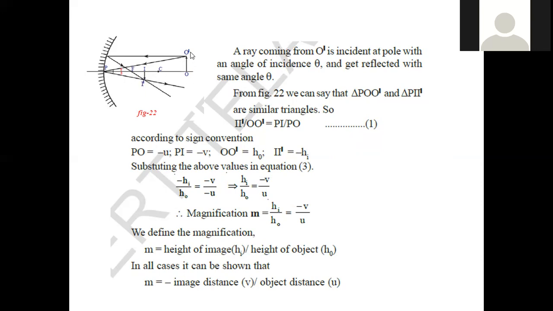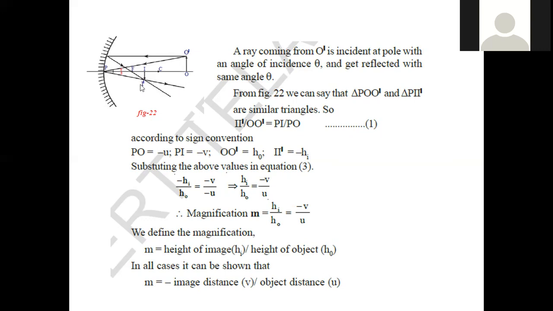Triangles originate when these light rays fall and bounce back. Here, triangle POO'. P is the pole point, O is the object origination point, and OO' is the height of the object.